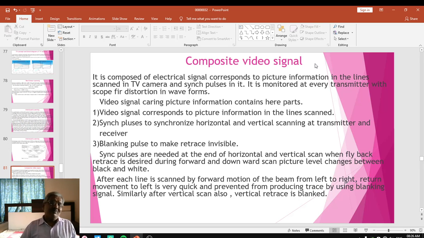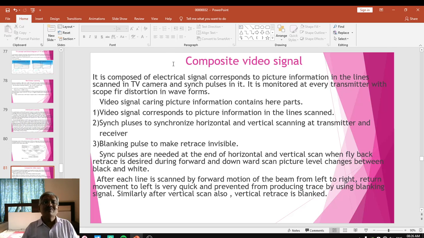These are introduced in the camera tube along with the electrical signal proportional to the scene or event, so as to scan the same coordinates on the television screen which are scanned in the camera tube. The combination of synchronization pulses and blanking pulses along with the video signal which is created in the camera at the transmitting end is known as the composite video signal.